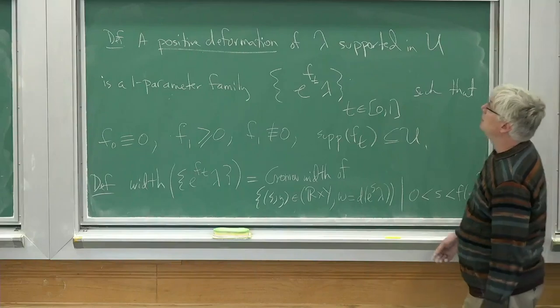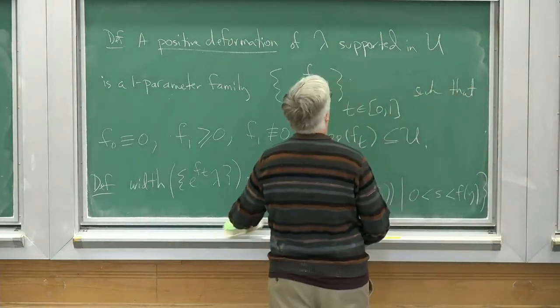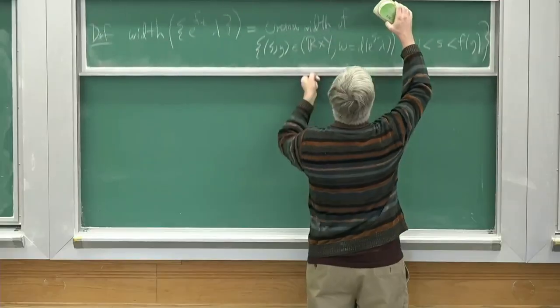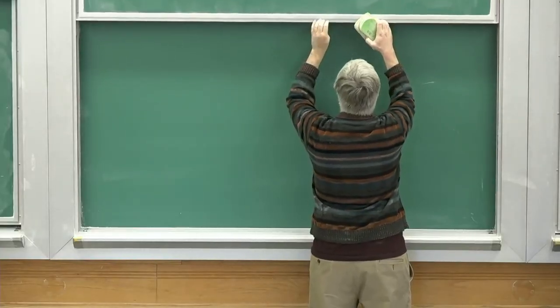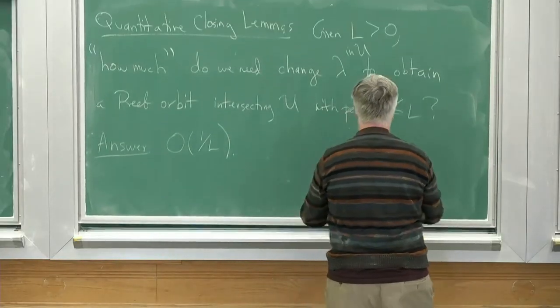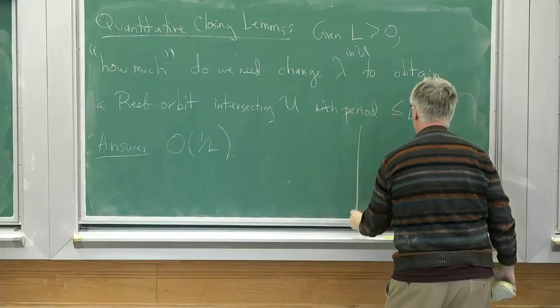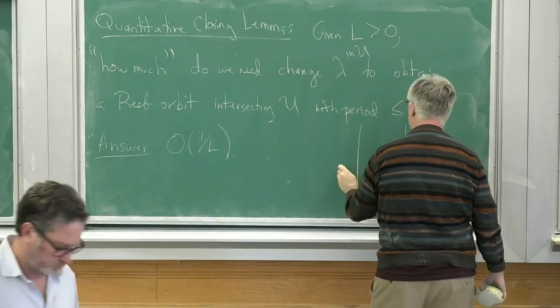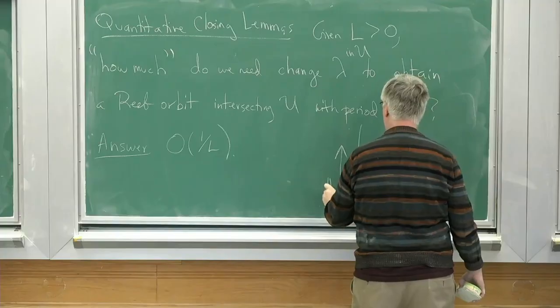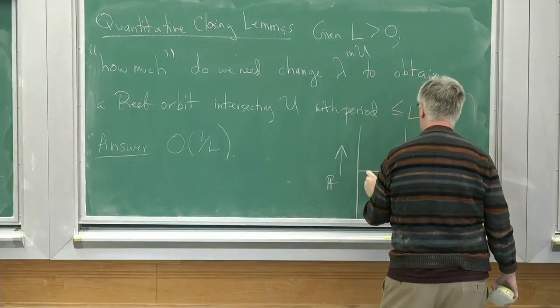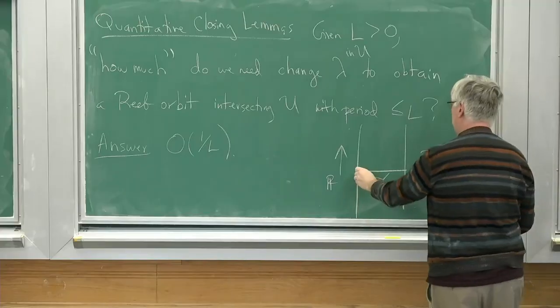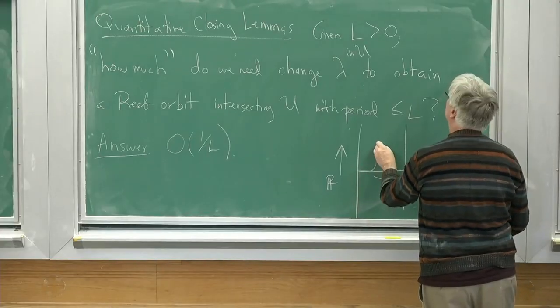So basically, inside the four manifold R cross Y, if this is the R direction, then I have a copy of Y where the R coordinate is equal to 0, and then I have the graph.